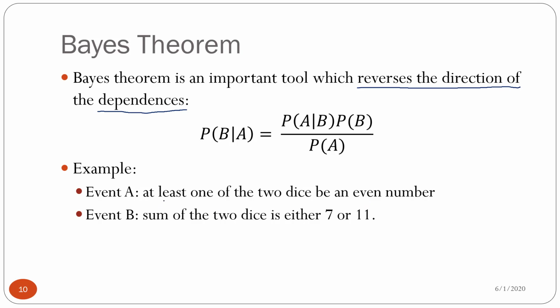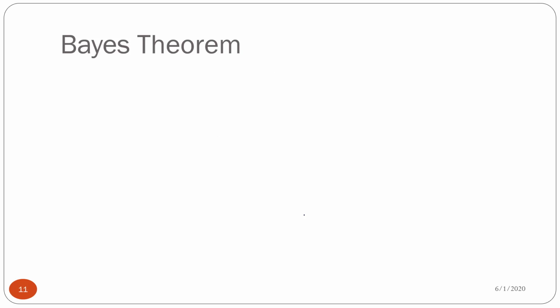It is saying at least, so if both of the numbers are even, that is fine too, but at least one of the numbers showing up on the two dice that you're rolling should be even. And what is event B? Event B we have already seen: the sum of the two dice is either 7 or 11. Okay, good. So what should I do here?